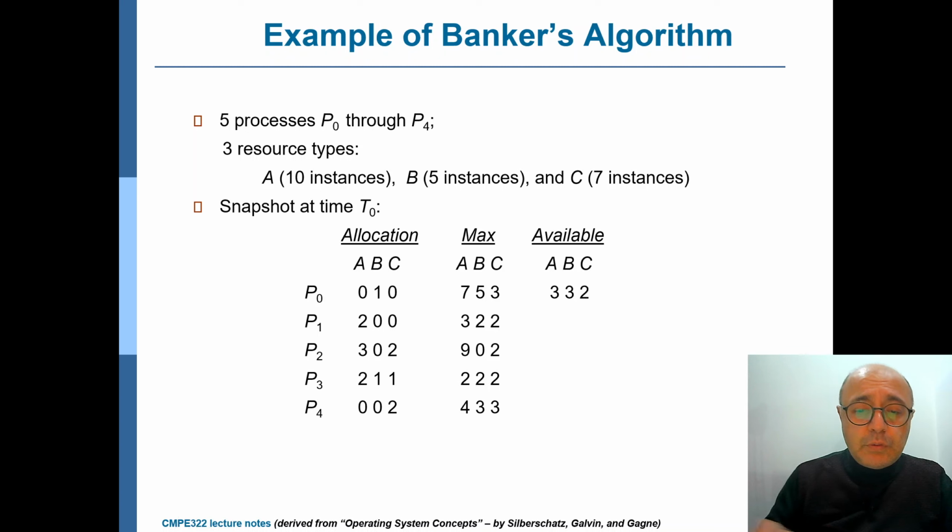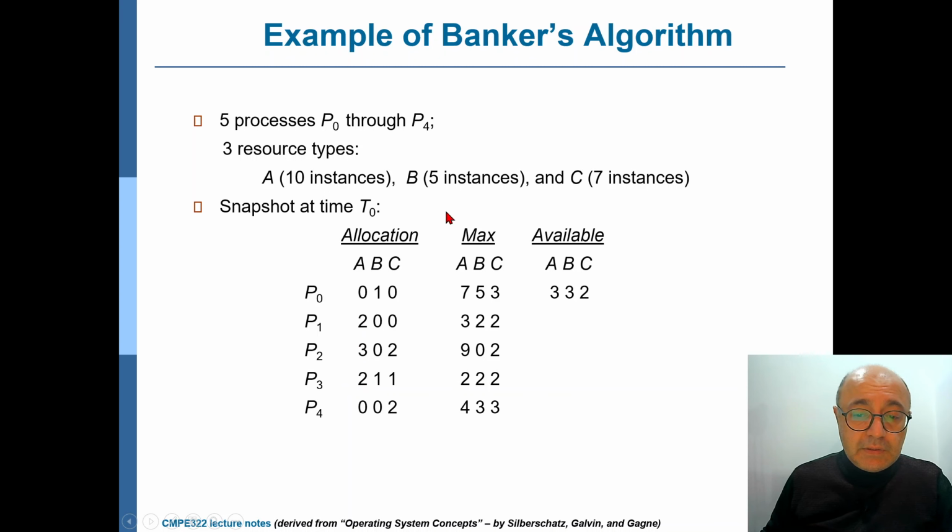Similar is true for all other processes. And of these 10, 5, and 7 instances, at this very moment, we have 3, 3, and 2 instances available. By the way, if you suspect that, you should check. If you look at A here, 2 of them are assigned to P1, 3 assigned to P2, 2 assigned to P3, so 7 are assigned.